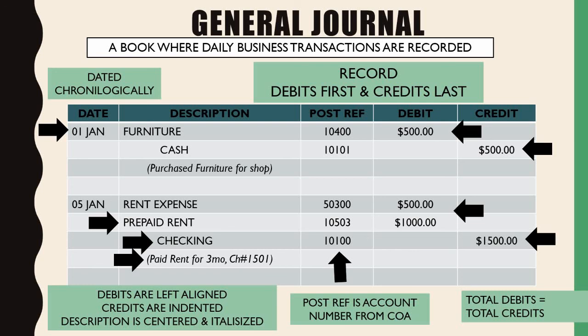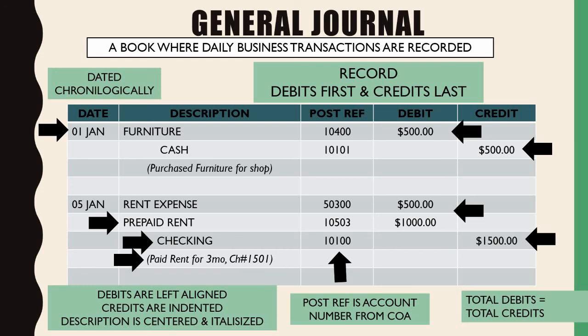Make sure you have the date. When you are journalizing your entry, your accounts go first, then your description of what happened comes last. Your debit accounts go first and are usually left aligned. Then your credit accounts are indented.